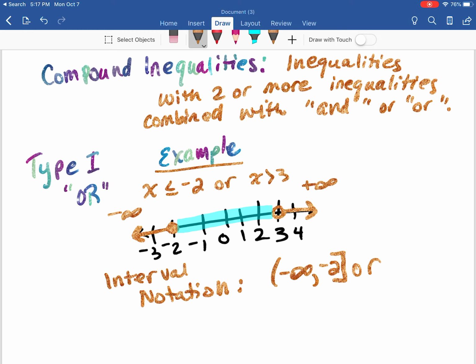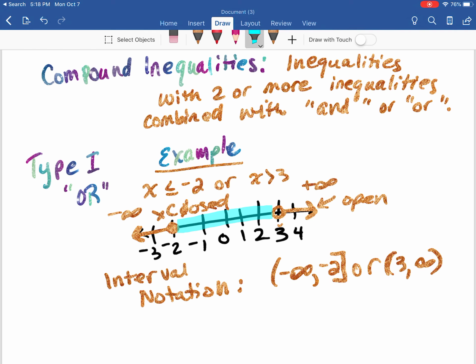Then we're going to write the word "or," and then parentheses, and we're using parentheses here because this is not equal to, it's open. So that side is open and this side is closed. So this is going to be 3 to positive infinity.